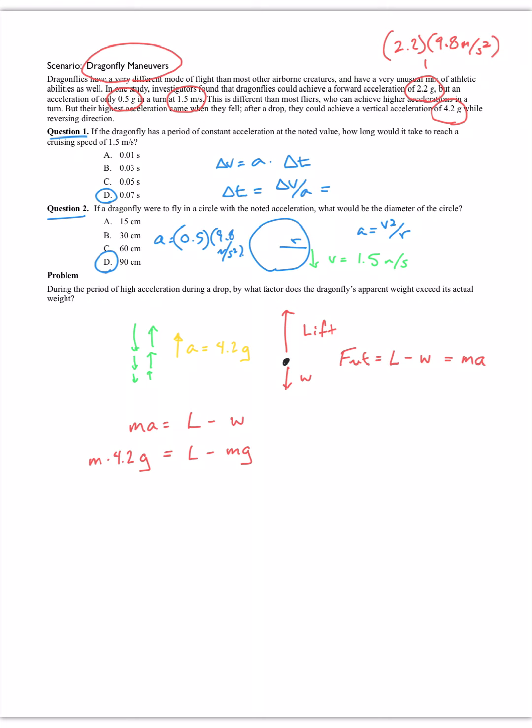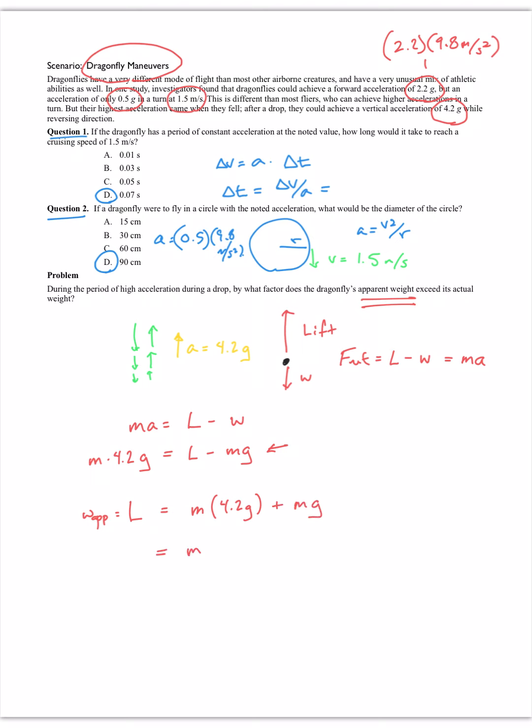And we're asked about the apparent weight. Well, the apparent weight is the contact forces that support something. And in this case, the contact force is just the weight. It's the contact with the air. So the apparent weight is equal to the lift force. And given my expression right here, the lift force is equal to m times 4.2 g plus m times g, or m times g times 5.2.